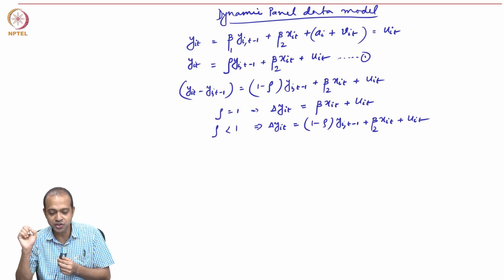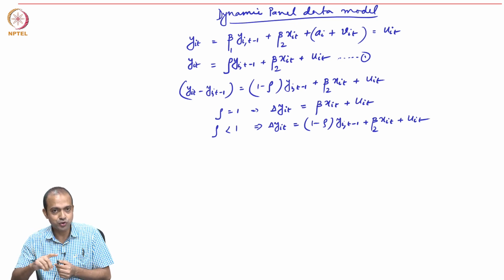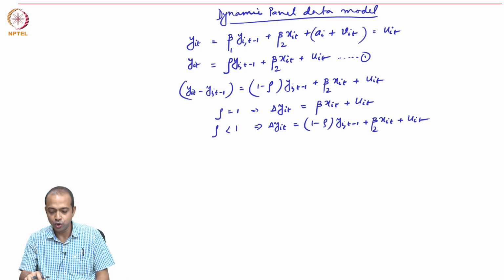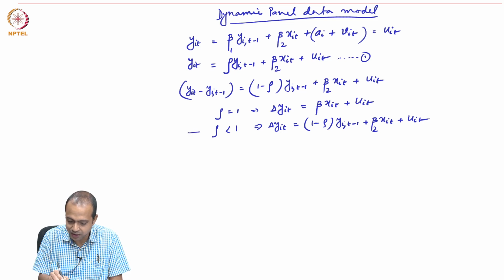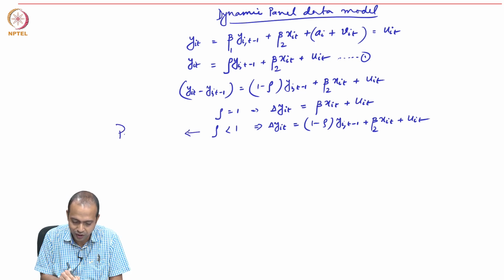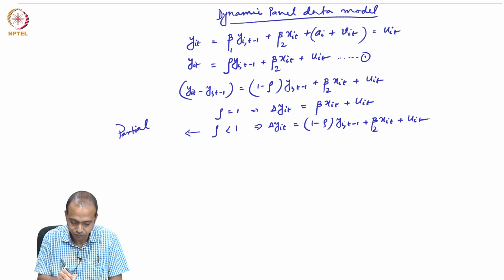That is the meaning of partial adjustment. We can easily understand this from this equation, where delta Y_it equals (1 minus rho) Y_i,t-1 plus beta 2 X_it plus u_it. So, rho less than 1 indicates this model is a partial adjustment model. You can now very well understand what partial adjustment means.